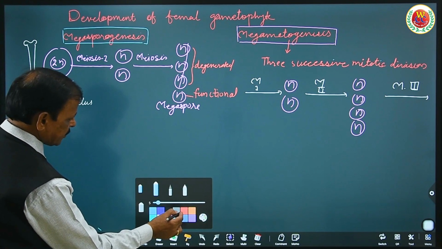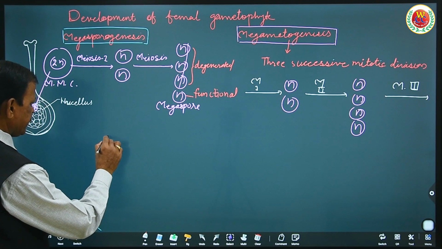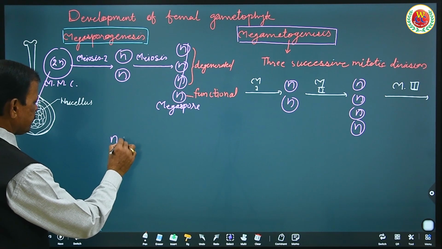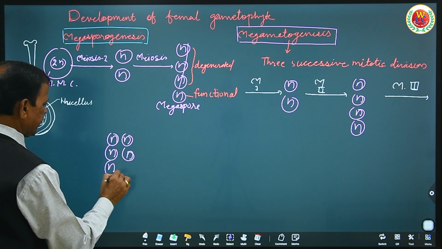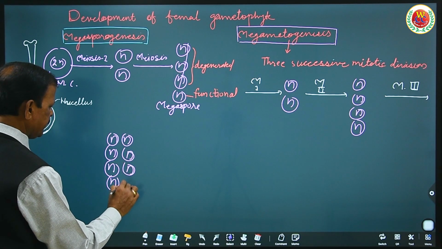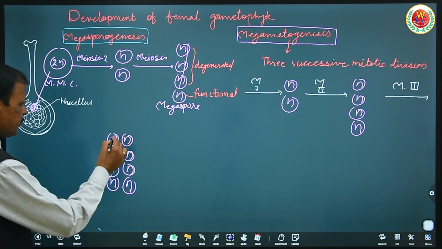It produces 4 plus 4, 8 cells. Now here you can see 8 cells are produced in total by 3 successive mitotic divisions, and they are present at the same place where the process is going on.